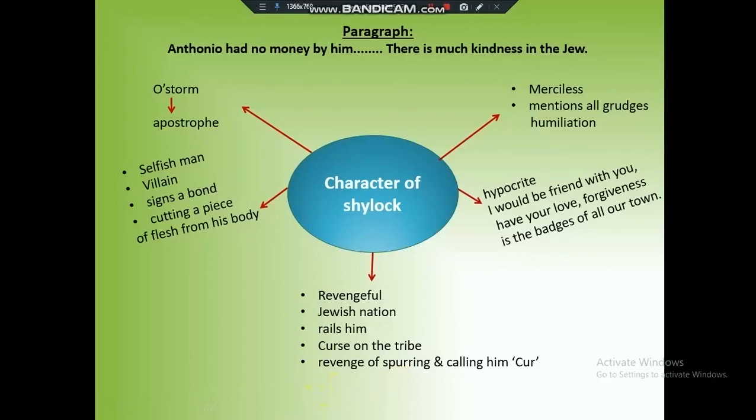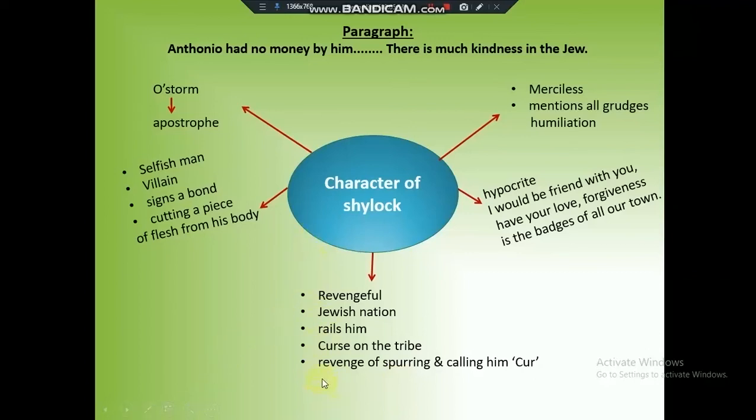Hopefully you have understood now what was the reason Shylock wanted to take revenge from Antonio, and why he wanted Antonio to sign this bond on a specific condition, to cut the flesh from Antonio's body. Let me repeat, if he would not be able to return the money of 3,000 ducats on time. Then we find Shylock's character here.